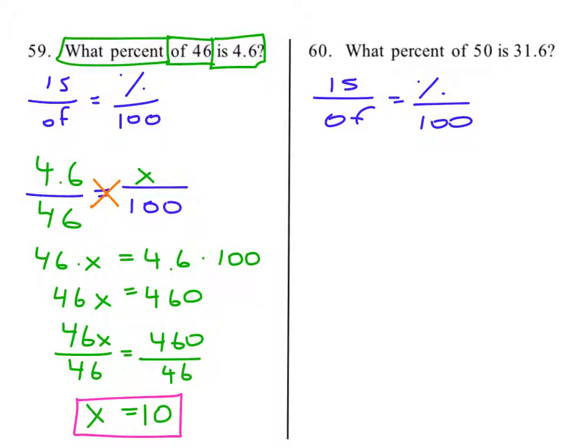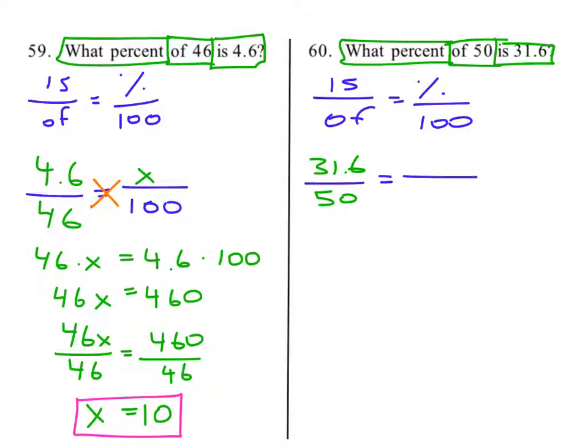And what are we filling in, what we know? So let's take a look. Is 31.6 of 50, and what percent? So the is number is 31.6. The of number is 50. The percent number is x, because we are looking for that.